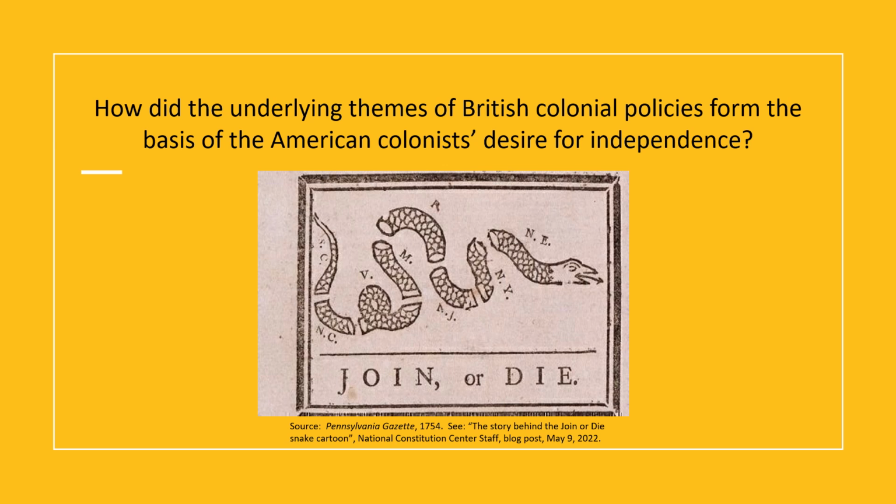So even though the cartoon was much older than the independence movement in the 1770s, the symbolism was critical to communicating to the colonists: if we don't join together, meaning we might lose a little bit of our independence from each other, we might have to agree to do things across borders, we might have to agree to get along, even though we might have different perspectives on various issues, so that we can come together and form our own country. Otherwise, the result is going to be that we are going to die.